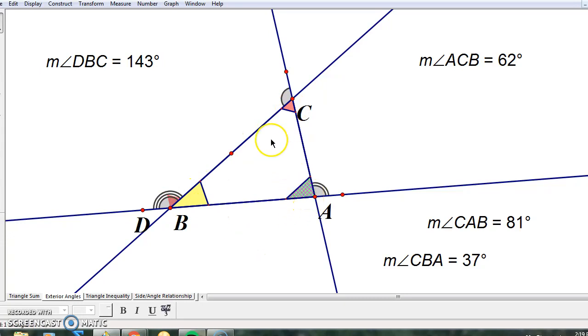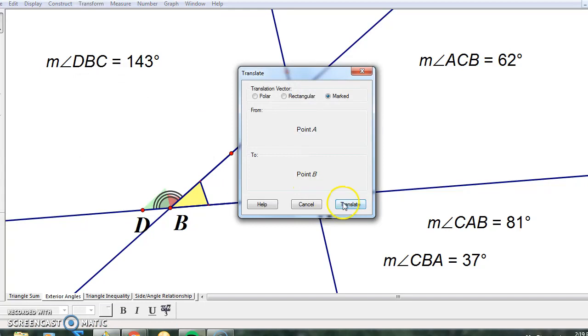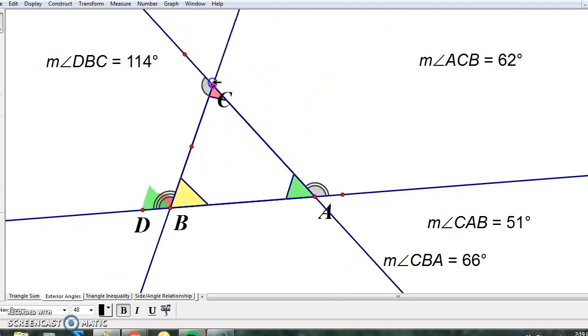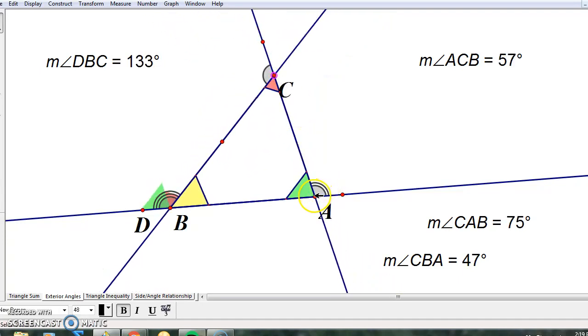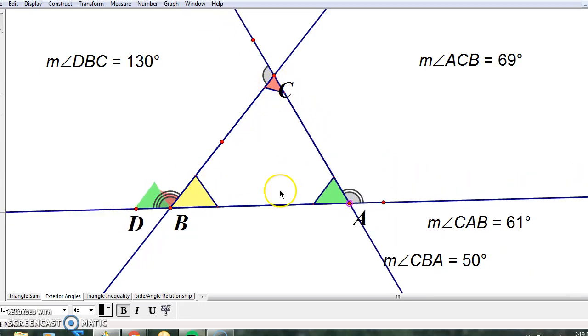And then if I took this green one and I translated it over, then you can see that this exterior angle is equal to the red. It's got the red and the green angle in it, and there's the red and the green angle over there. And this would be true no matter what the shape of the triangle. I can still see that this exterior angle is going to be the sum of the red and the green angle over here. So, just another demonstration of the exterior angle theorem.